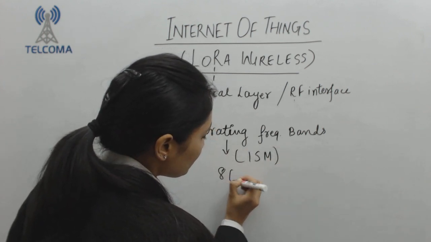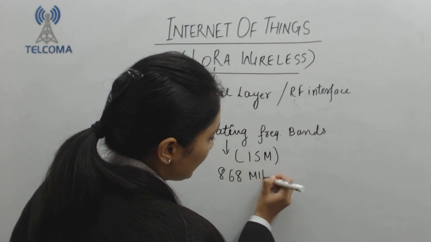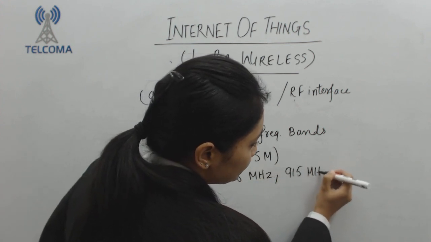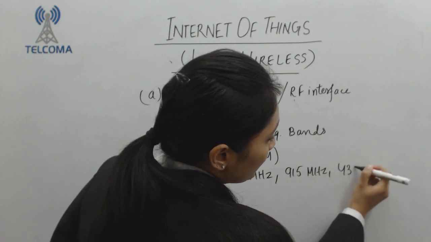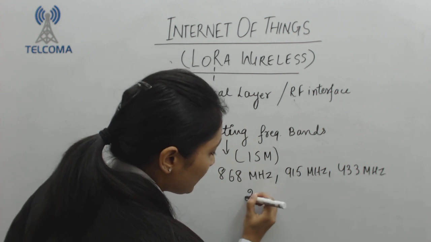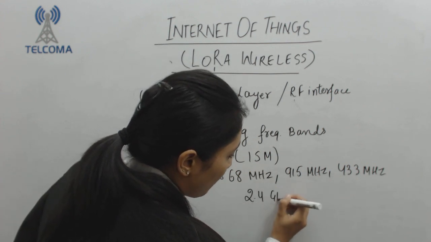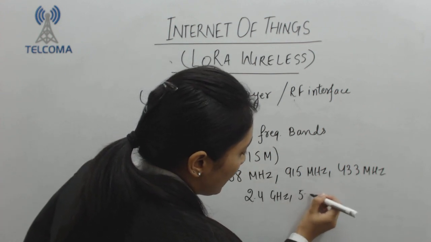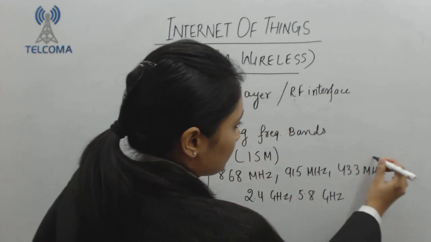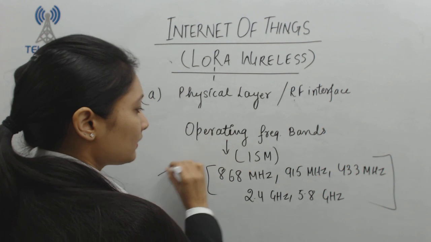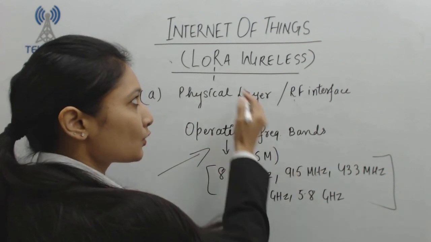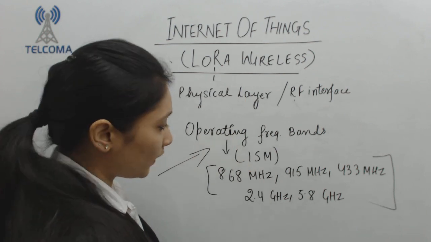It has frequencies like 866, 868 megahertz, 915 megahertz, 433 megahertz, and also 2.4 gigahertz and 5.8 gigahertz. These are the frequency bands in which this network will be working.